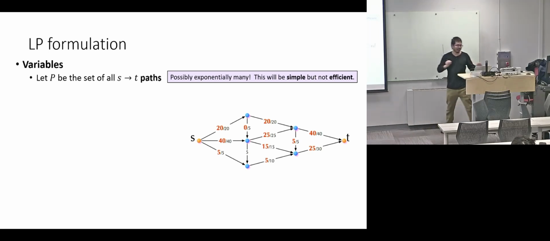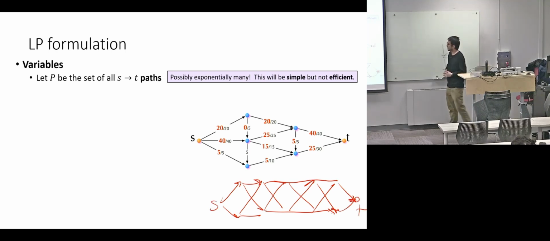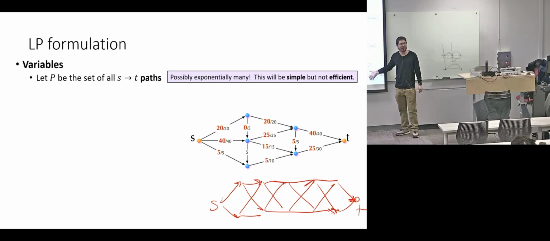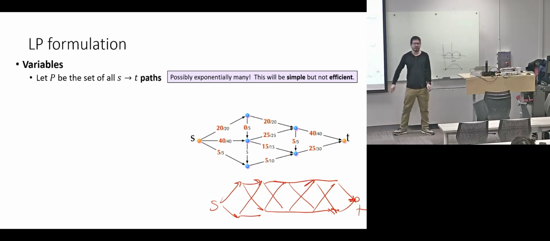For example, if the graph is like this, from S to T, there can be exponentially many ST paths. You can choose to go up, up, or down, or up, and yeah, exponentially many.